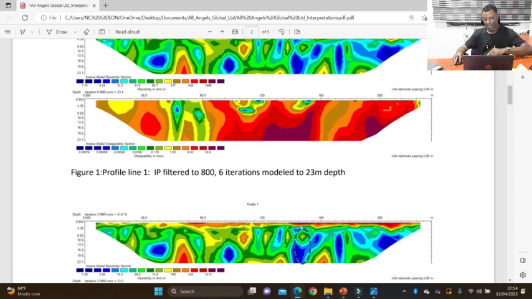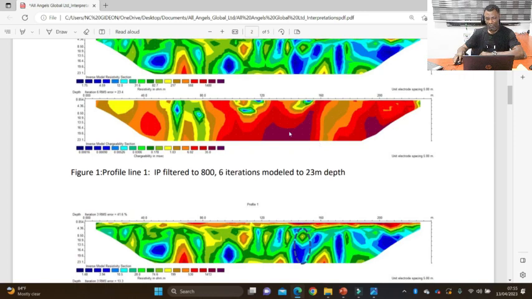The surface resistivity is very high, showing lateritic zones or areas that are unsaturated. Here you find there's a fracture, and the same fracture is found here. In the IP processing, the same fracture also occurs here. You can actually see it here.